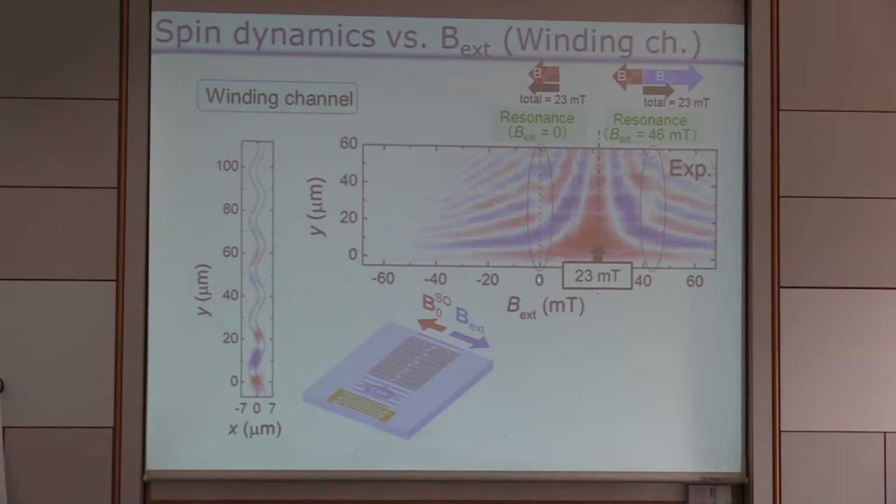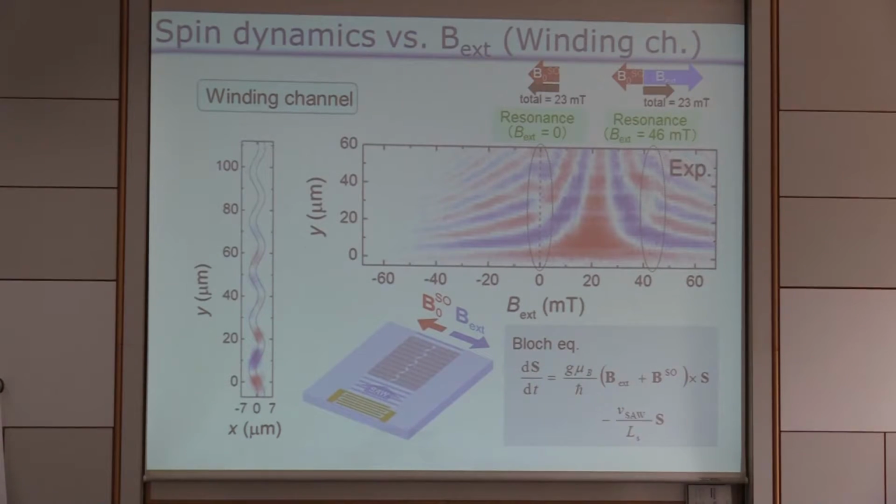Here, the external magnetic field is 0, so the total field is determined only by the static spin effective magnetic field. Here, the external magnetic field is 46 millitesla, but the effective magnetic field is 23 millitesla, so 46 minus 23 is 23 millitesla. So the resonance occurs when the total magnetic field is 23 millitesla.